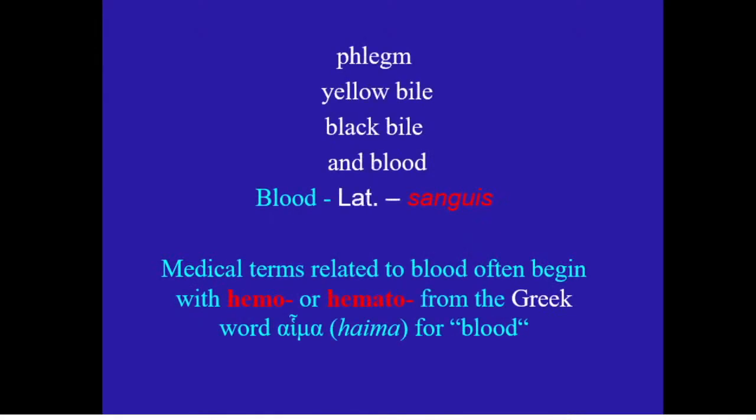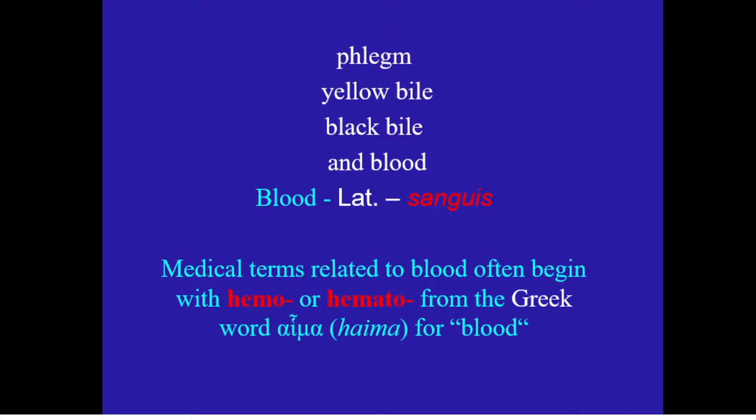From ancient times, philosophers proposed that the main fluids of our body are phlegm, yellow bile, black bile, and blood. You know that blood in Latin is sanguis, and now you can see the roots of words that we use to name the temperaments of people.